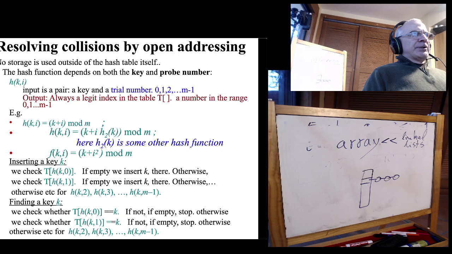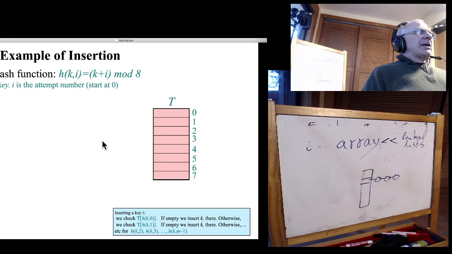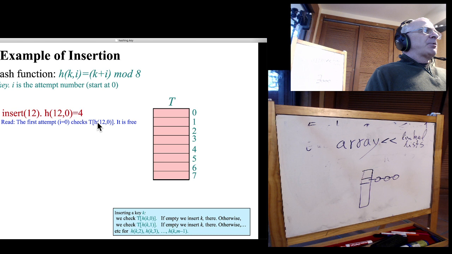Example needed desperately. I want to insert 12, h(12, 0), my first attempt, i equals 0. So that's my hash function: 12 plus 0 modulo 8 is 4. So I'm going to cell number 4 in the table.